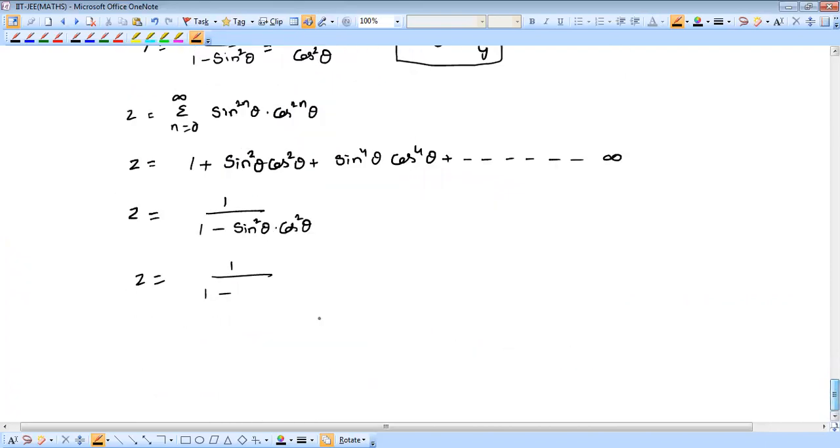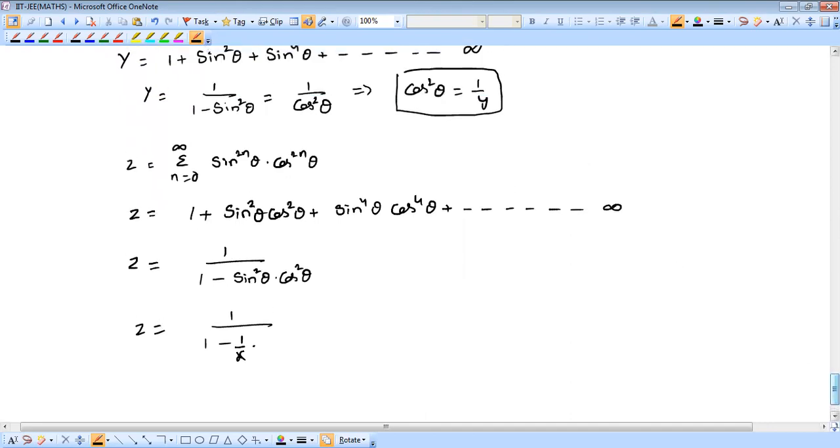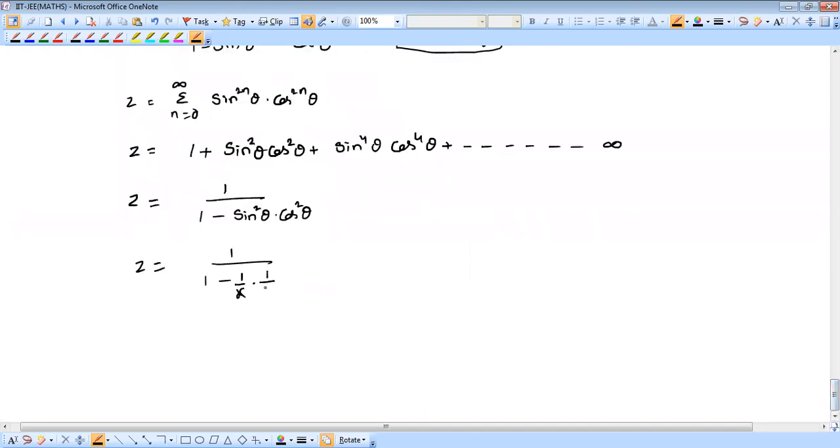Let us write 1/x here. And cos² θ also we got, it is 1/y. Almost we got the equation. It is simple, you have to do the LCM. That's all. So z = 1/(1 − 1/(xy)).